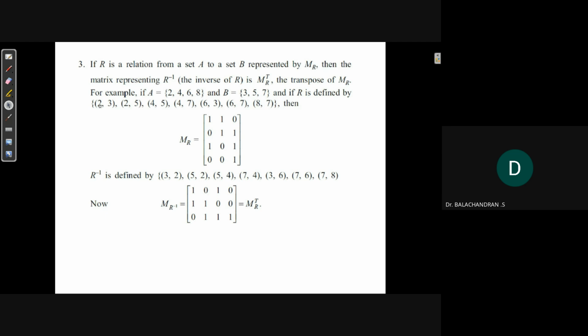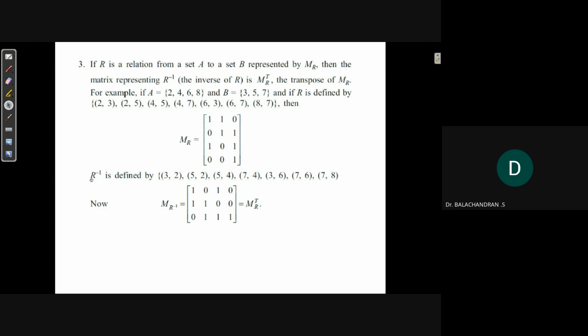So 2 comma 3 is here, so 1. 2 comma 5, yes, it is here. 2 comma 7 is not here, that's why 0. Next, 4 comma 3 is not here, 0. 4 comma 5, yes, 1. 4 comma 7, yes, 1. Similarly, the remaining two rows you can fill up.